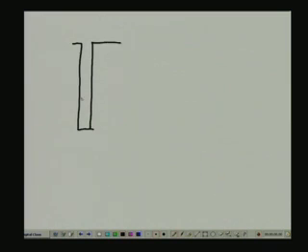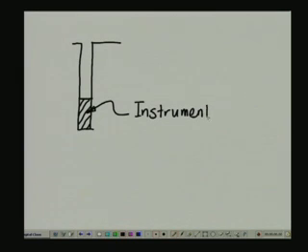First of all, we have to drill a small diameter hole, and inside the hole we insert an instrument which allows us to measure strain in several different directions.